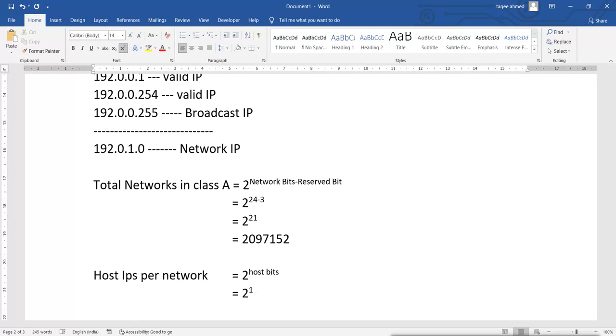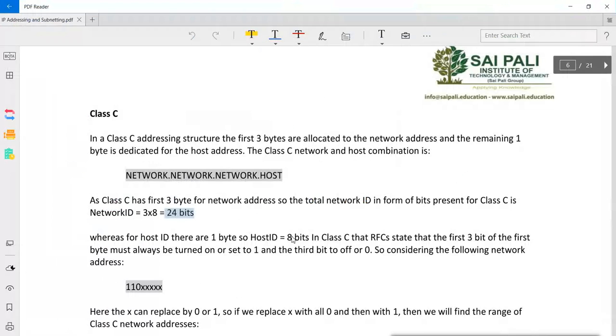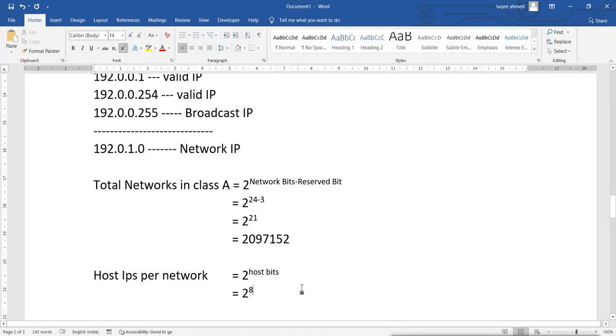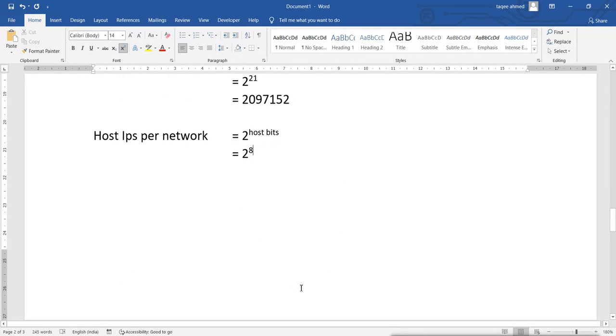Remember, host bits are only 8 because you have only one part as the host part, and that is 8 bits. So when you raise 2 to 8, we have already calculated this, you will get 256.